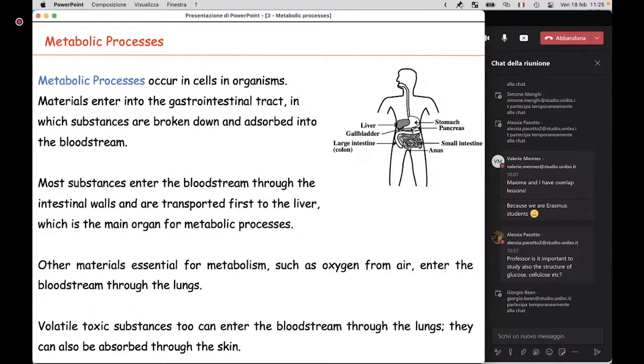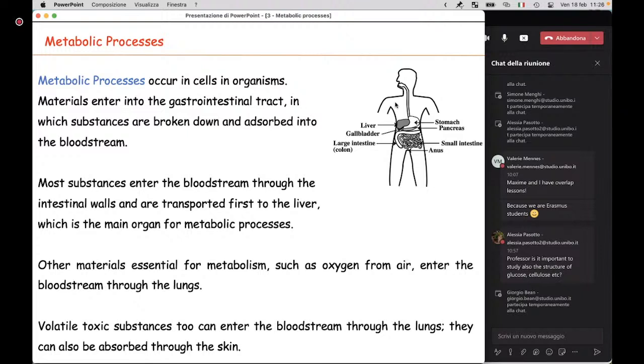They are digested. It means broken down into smaller molecules. And when the food and drinks are broken down into small molecules, they are absorbed through the intestine. Then the small molecules go into the bloodstream, and they are transported to the liver, where they are modified if necessary, and from the liver to the rest of the body.